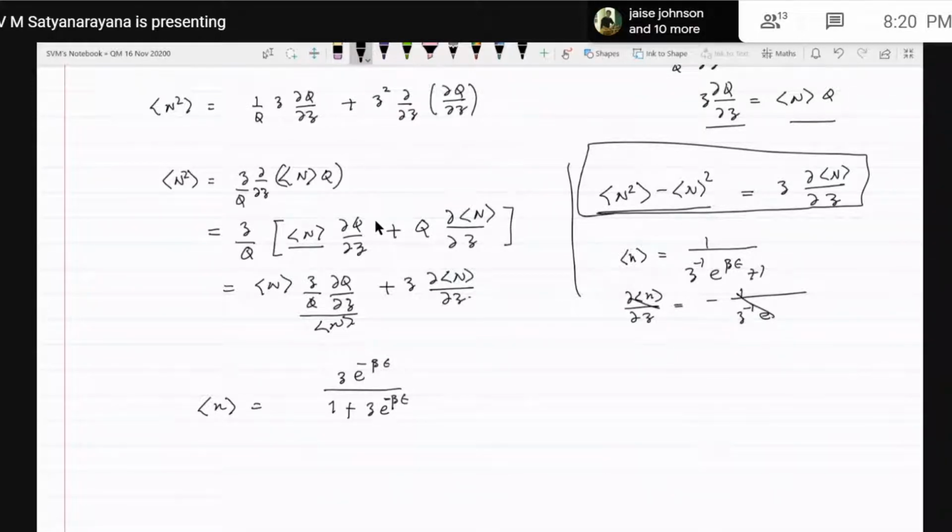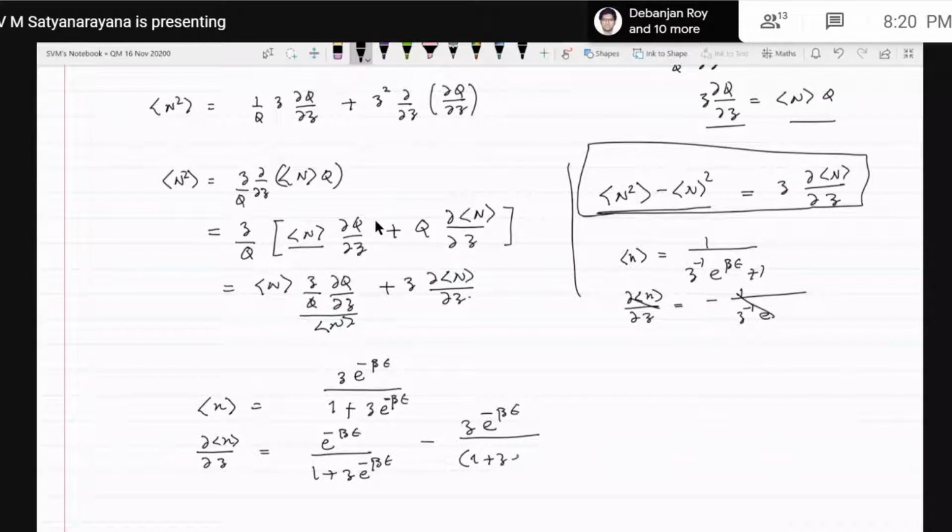Right? So dou n by dou z will be equal to e to the minus beta epsilon divided by 1 plus z into e to the minus beta epsilon, minus z into e to the minus beta epsilon divided by 1 plus z into e to the minus beta epsilon the whole square, into e to the minus beta epsilon.